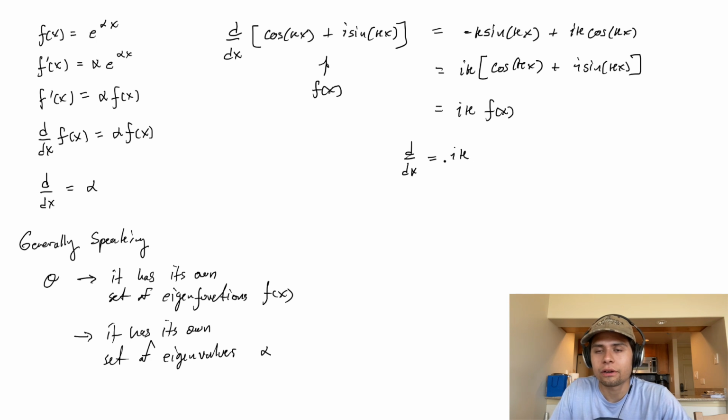Okay, so k here is an eigenvalue for this operator applied to this function. So similarly, say we have omega t, and we're doing this whole process again, but instead of kx we have omega t.